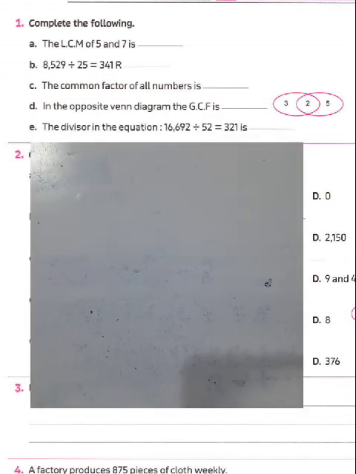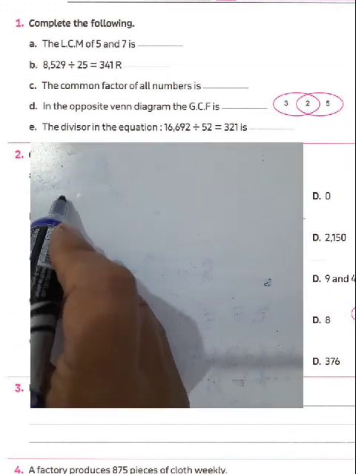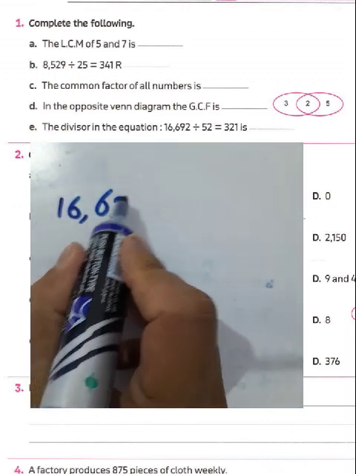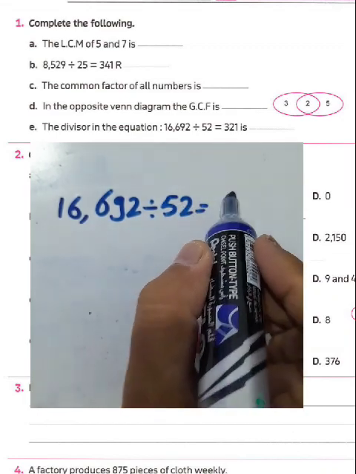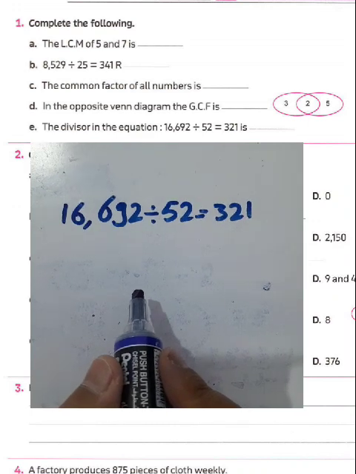Letter E. The divisor in the equation 16,692 divided by 52 equals 321. We want to find the divisor.